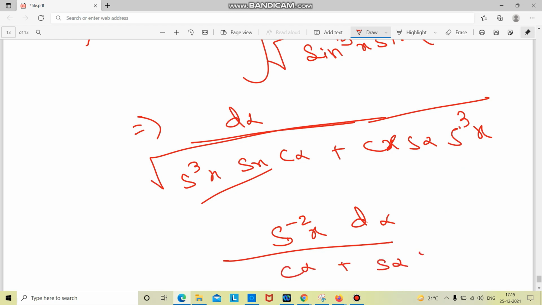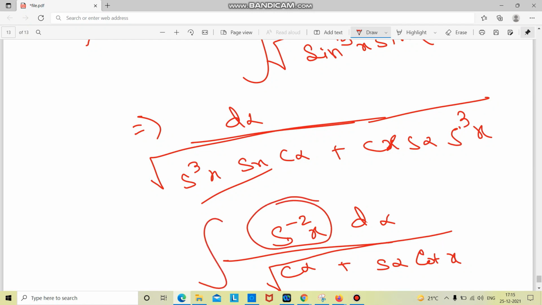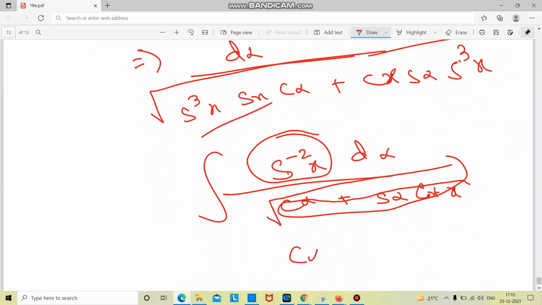And we will get cos alpha plus sin alpha cot x. And the differentiation of cot x is what? Cosec square x, which is present here. So this whole term we can put as t square. We can put cos alpha plus sin alpha cot x.